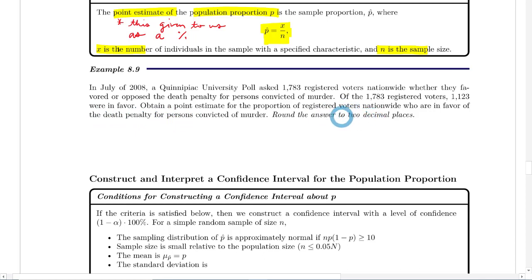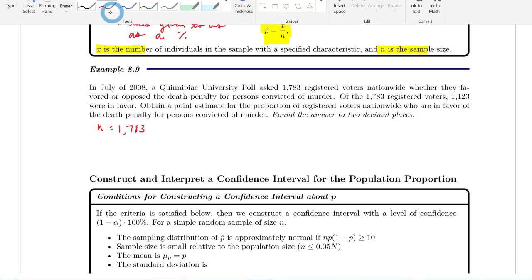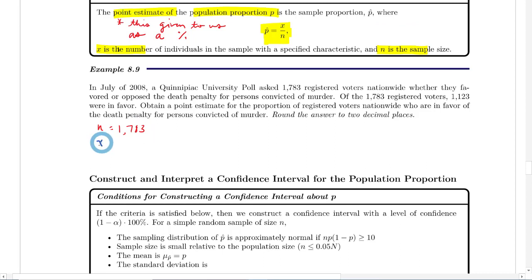So the first thing we need to notice is that they gave us a sample size of 1,783. And so that means that x would be the number of people that had the characteristic that we wanted to observe. So we wanted to see whether they were in favor of or opposed to the death penalty. So this one said that 1,123 were in favor.